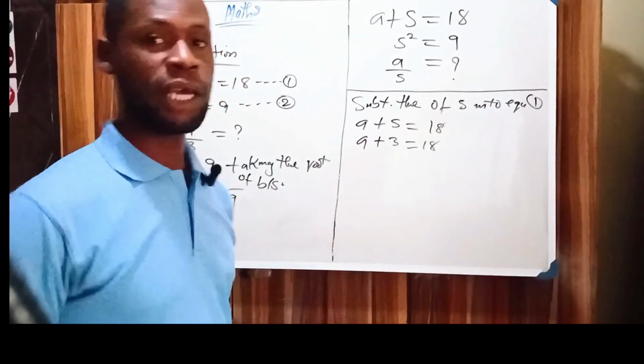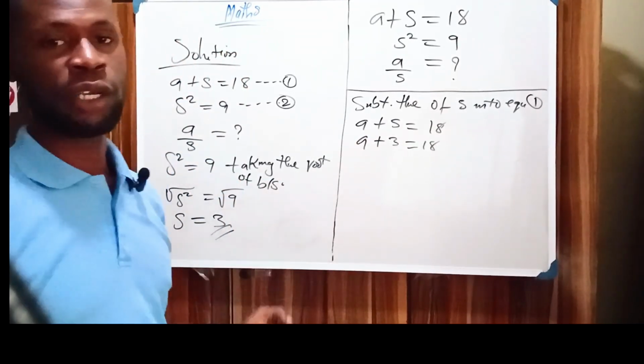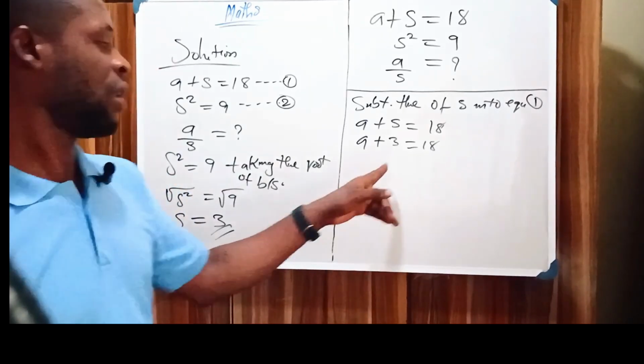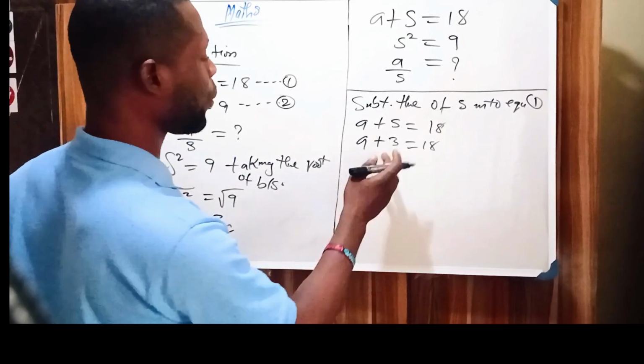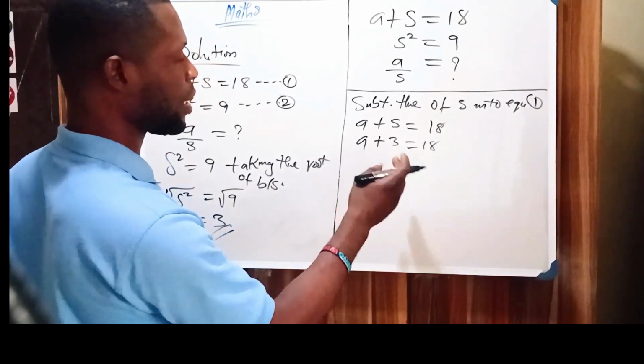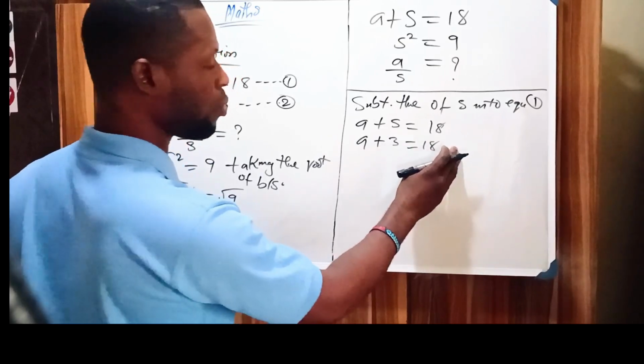Anything you are doing to the left hand side, you also do to the right hand side. So we are going to minus 3 from both sides of the equation to remove this 3 from this side. Or we can say that collecting like terms, when plus 3 moves to the right hand side, it becomes minus 3.